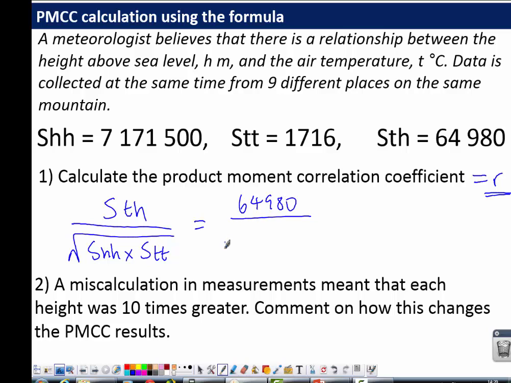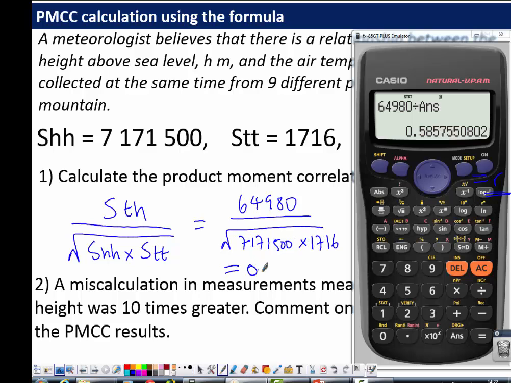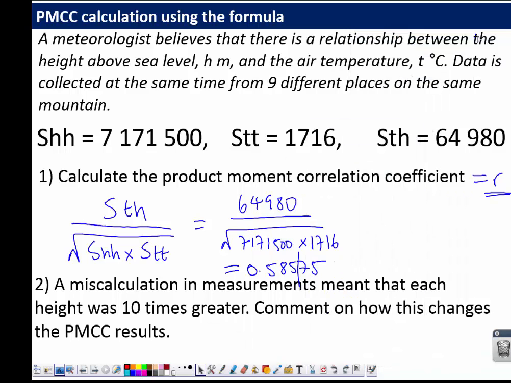STH divided by the square root of SHH times STT gives 0.58575. Rounding it to 3 significant figures, our final answer would be 0.586 to 3SF.